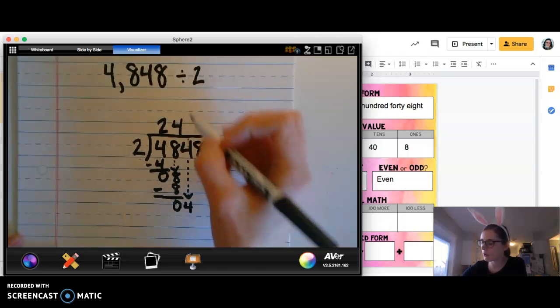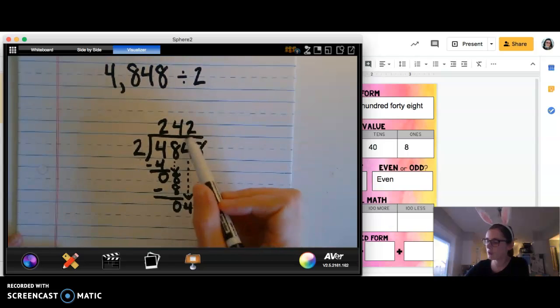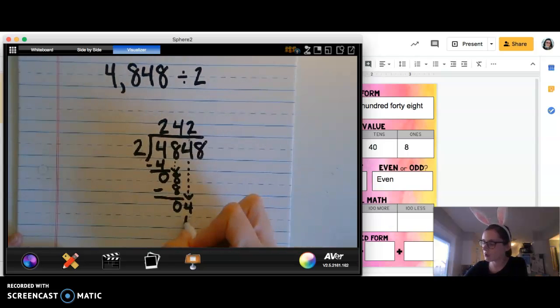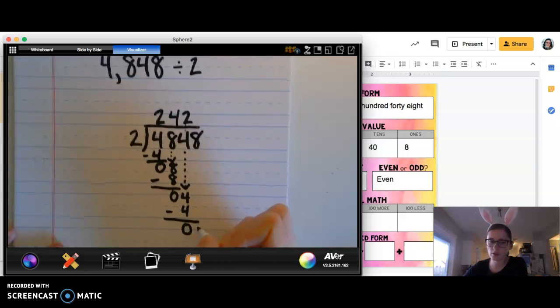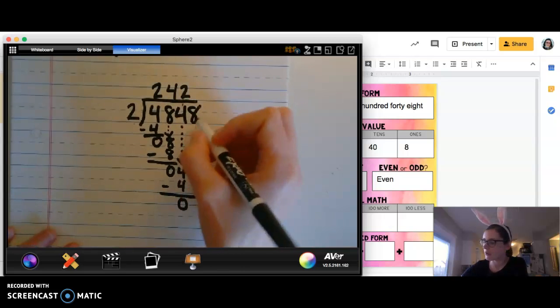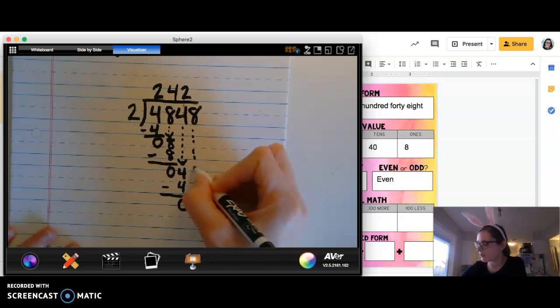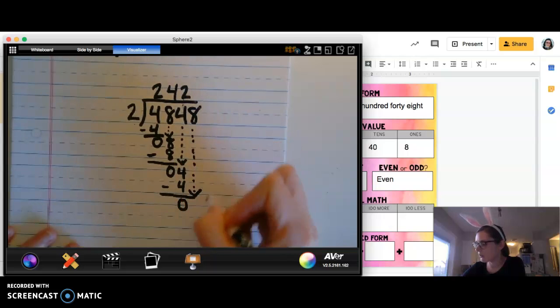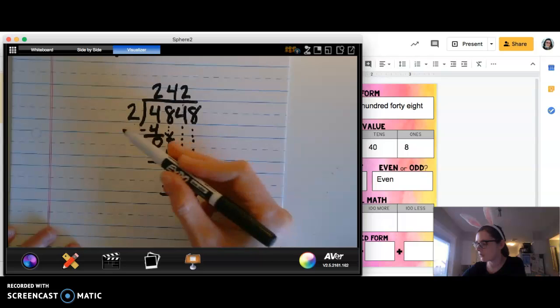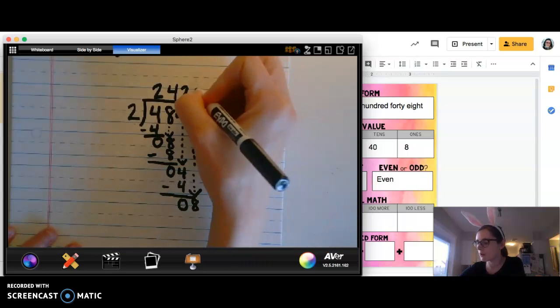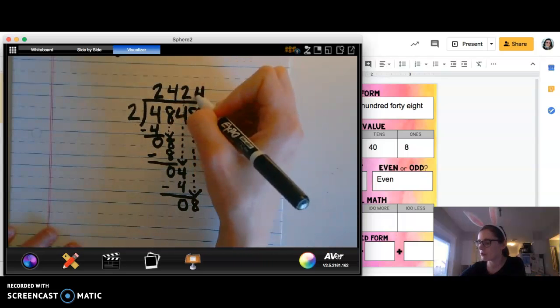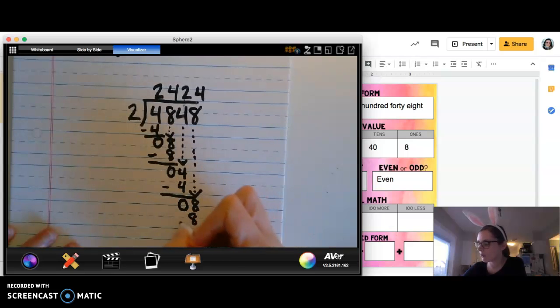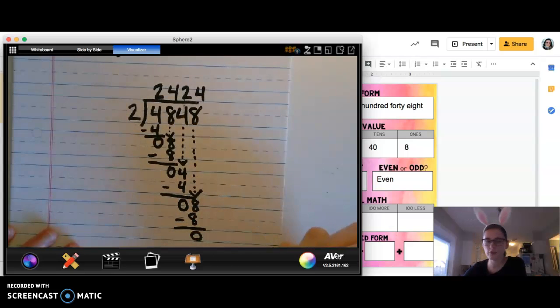2 goes into 4 2 times. 2 times 2 equals 4. Again, subtract. That ends up with 0. I'm going to bring that last 8 all the way down. And we know 2 goes into 8 4 times. Just double check, 4 times 2 equals 8, and I have 0 remainders.